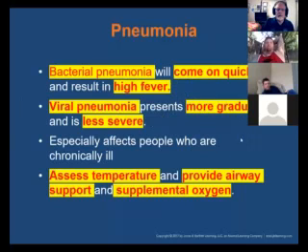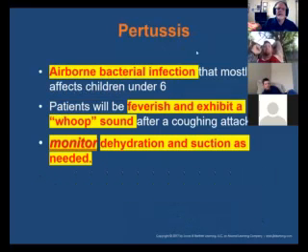Again, like what I mentioned a minute ago and what we've heard with COVID-19, this has an especially hard, tough, high impact, whatever you want to call it, on chronically ill people. Need to assess their temperature, provide airway support, provide supplemental oxygen, and if necessary, positive pressure ventilation, right?